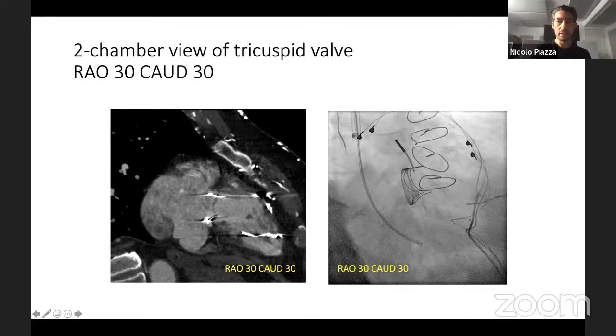So this is a two-chamber view of the tricuspid valve. Okay. You notice on the left-hand side, we had a CT scan of this patient. You can notice that the surgical bioprosthetic valve in the tricuspid position is oriented in the same manner in the CT as it is on the fluoroscopy. Okay.